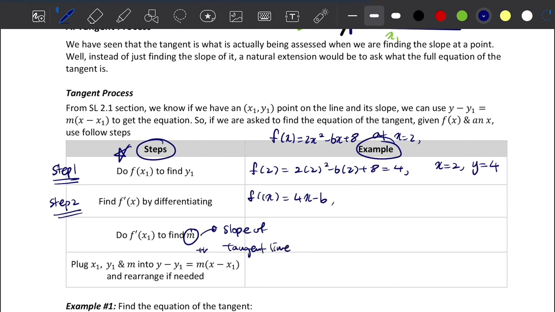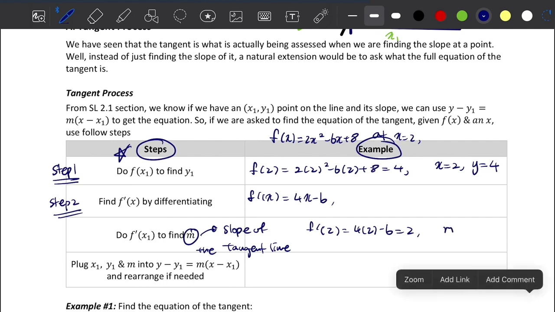To find the slope at x equals 2, we substitute 2 into our derivative, then we get 2. So the slope of the tangent line is equal to 2.